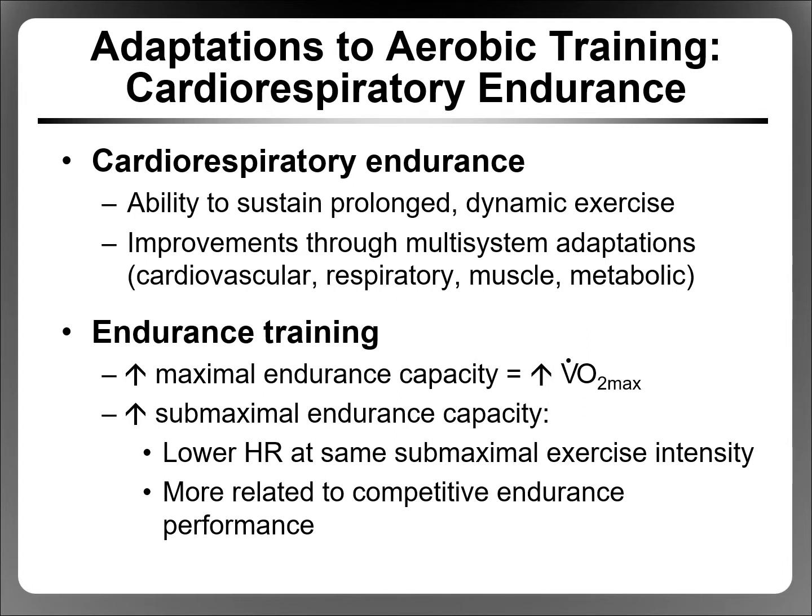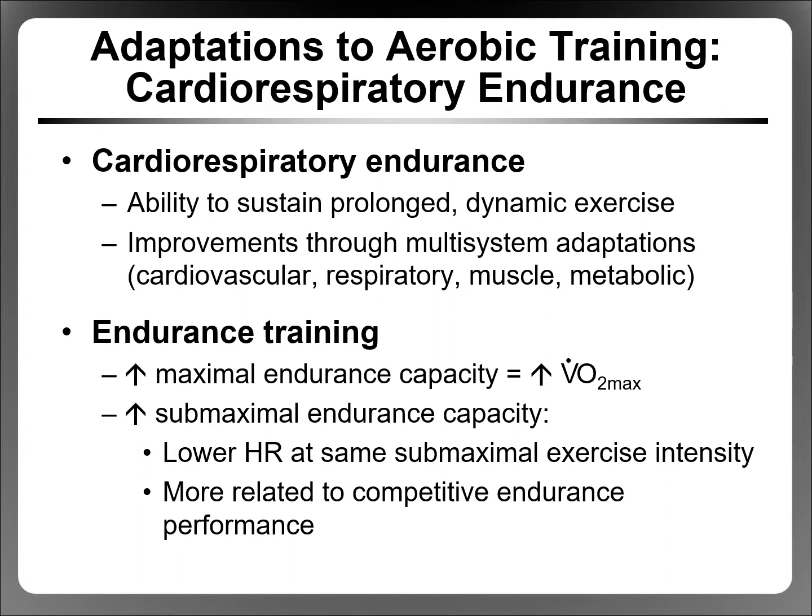When we train our cardiovascular system, we are trying to build up what we refer to as cardiorespiratory endurance. By definition, this is the ability to sustain a prolonged dynamic exercise at the given intensity that I would like to complete it at. If I want to improve my cardiorespiratory endurance, I'm going to have some multi-system adaptations.